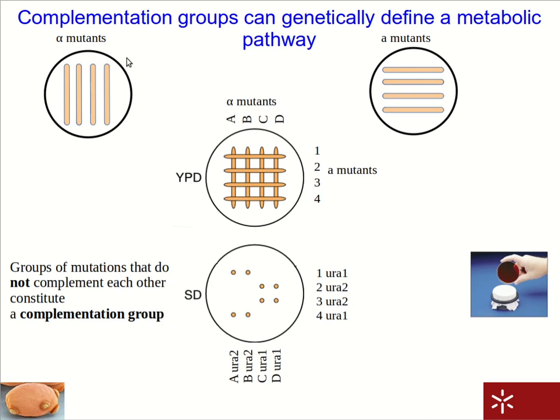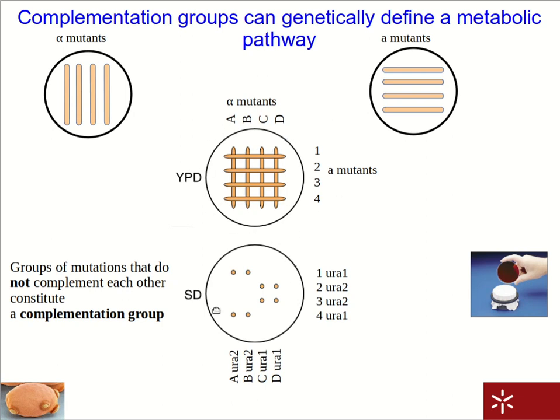Then we transfer these mutants to a third plate using a piece of cloth like that, so that we obtain a cross pattern. This plate is also non-selective, but we have the A mutants here on the x-axis and the alpha mutants here, and we call them A, B, C, and D, and 1, 2, 3, and 4.